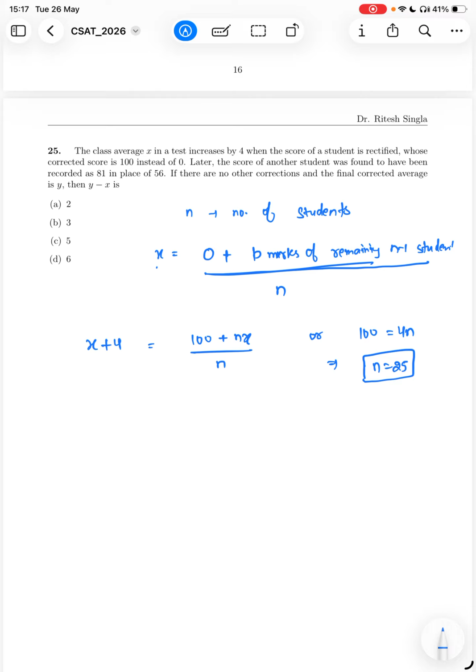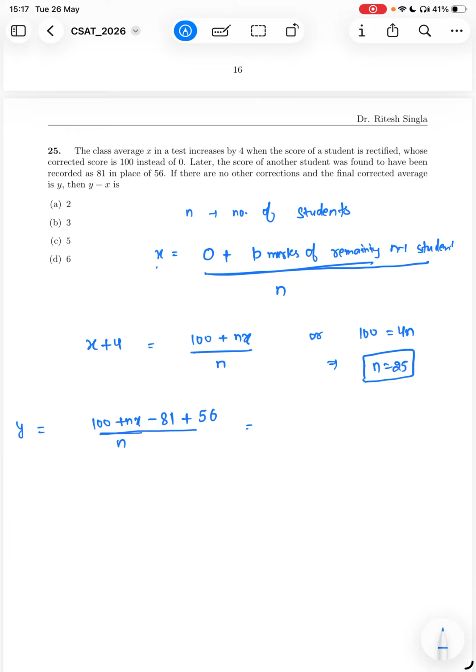So the final corrected average, before this, was 100 plus nx upon n. But one of the students had got 81 marks earlier. So I can say that if I subtract his 81 marks, and add how many marks it should have been, 56, right? This is the new average y.